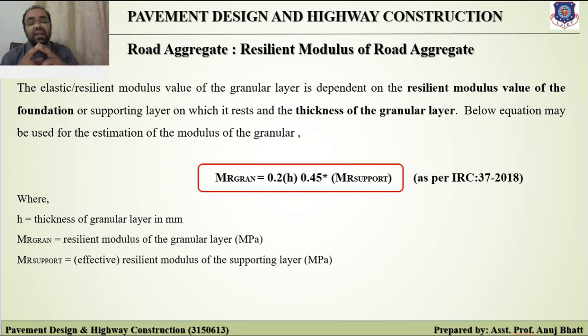If you have decided what resilient value you want, then you can design the thickness of that particular layer, or else if you have the thickness, you can measure the resilient modulus value of that particular layer.